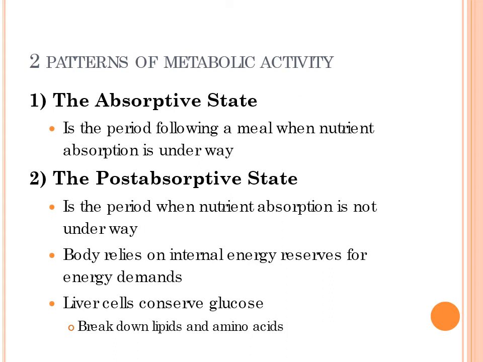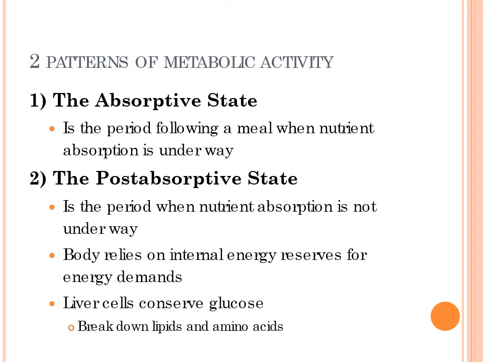Our metabolic activity has two different patterns throughout the day. We are either in the absorptive state, which is the period immediately following a meal when you are absorbing nutrients, or in the post-absorptive state, which is when you don't have excess nutrients coming in and you're relying on your own internal energy reserves to meet your energy demands.